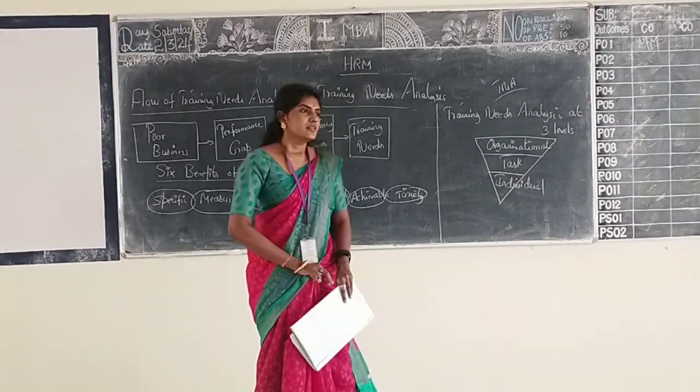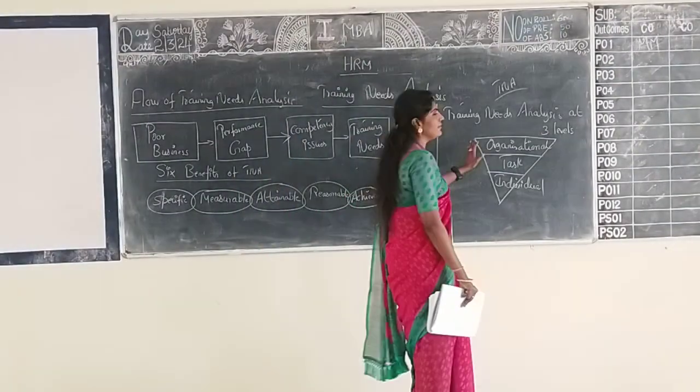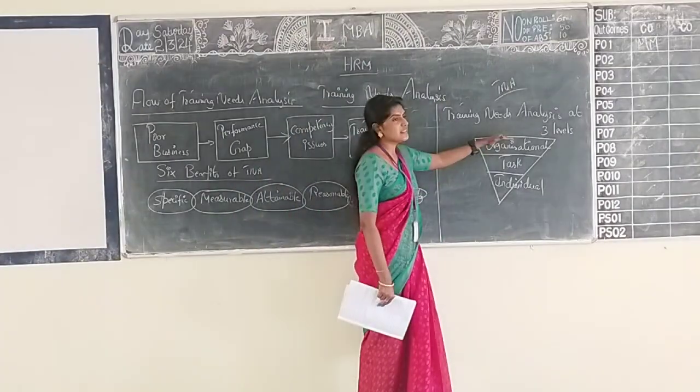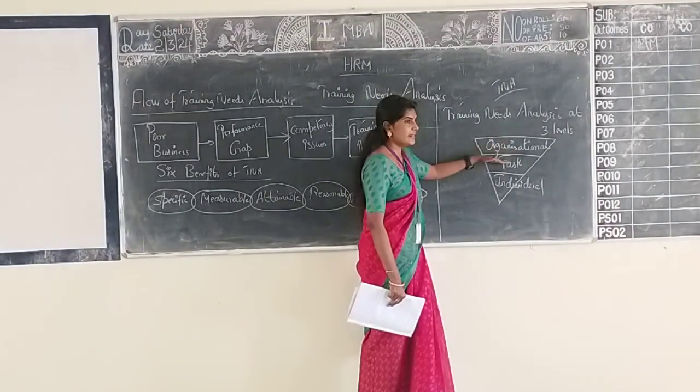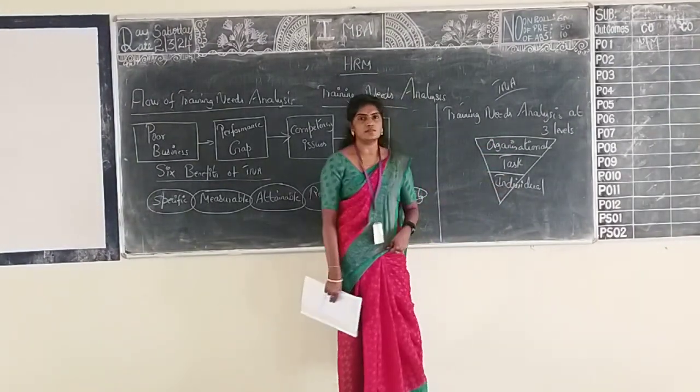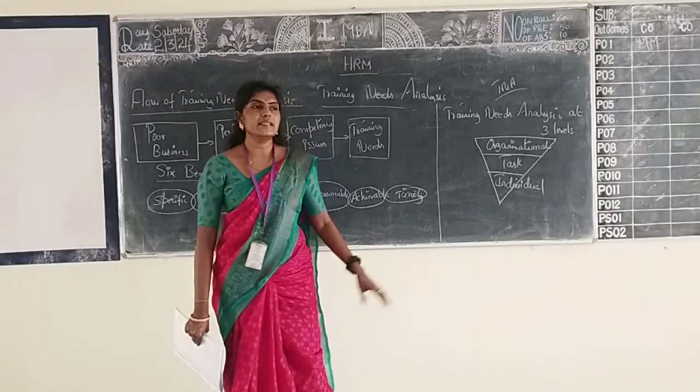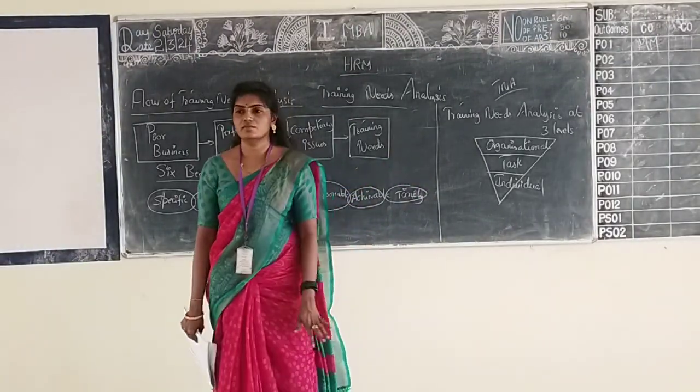Draw this diagram. So this is the 3 levels of the TNA. The first level is organization, then task and the individual. Write in the same order only.